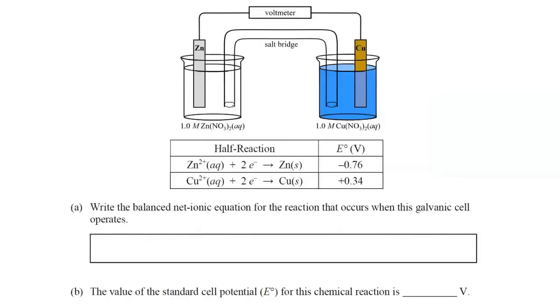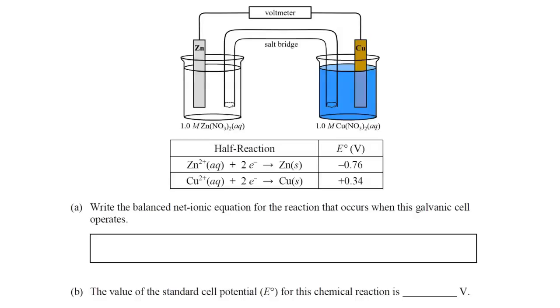So in this table, we see 2 half reactions. One half reaction involves zinc, and the other half reaction involves copper. Now, each of these half reactions is written as a reduction. We need to reverse one of these half reactions in order to produce the answer to part A.